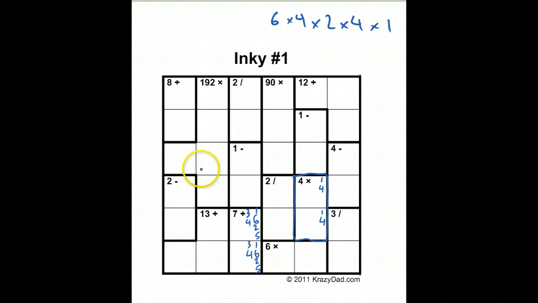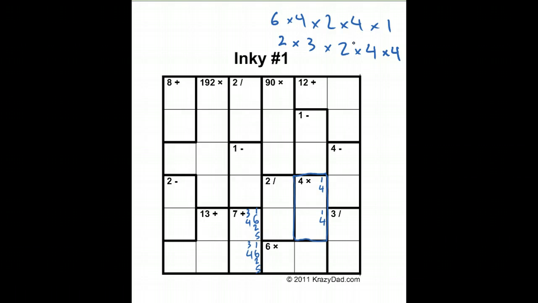Again, you have to get 5 numbers. Or you can go 2 times 3 times 2 times 4 times 4. And if you check those, you'll see that's the only possible way to get to 192 using multiplication.